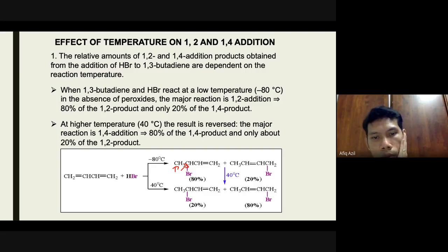But if you increase the temperature to about 40 degrees Celsius, then you can change the major product to become 1,4 instead of 1,2.